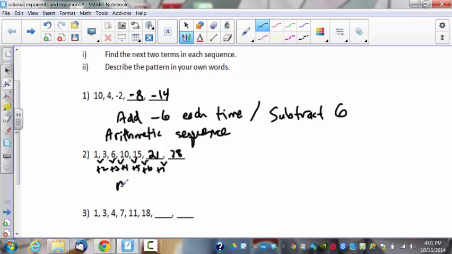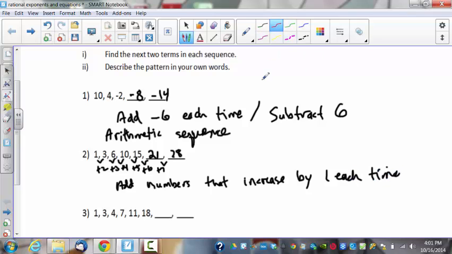So you're going to add numbers that increase by 1 each time. Or you can see that when you go to the next step, there is a difference of 1.